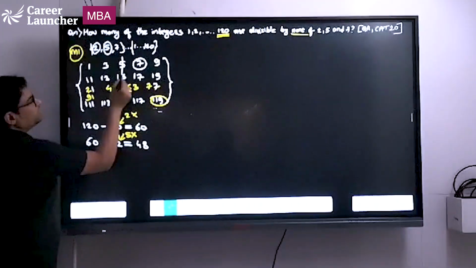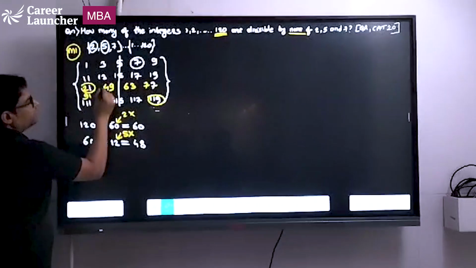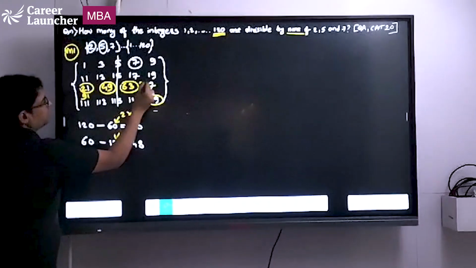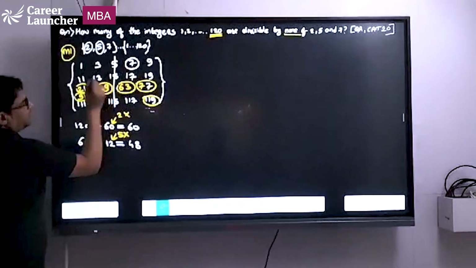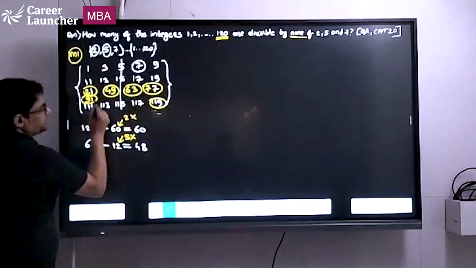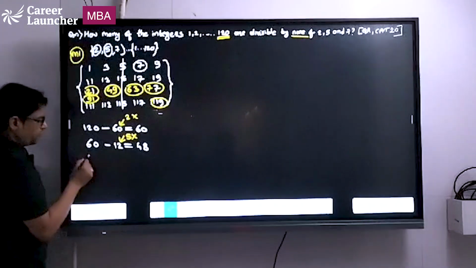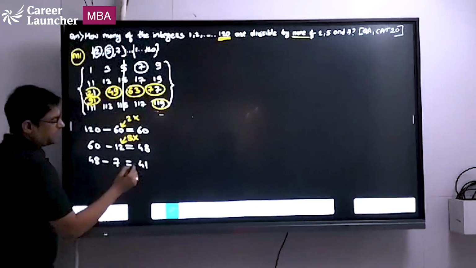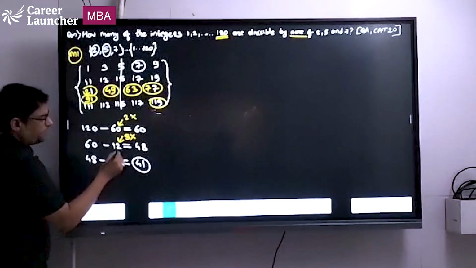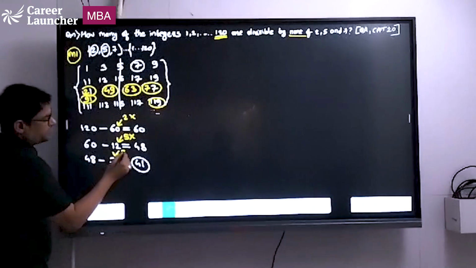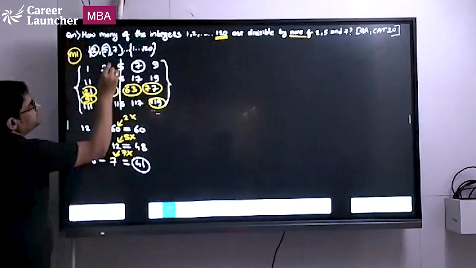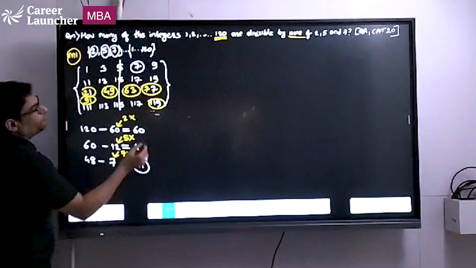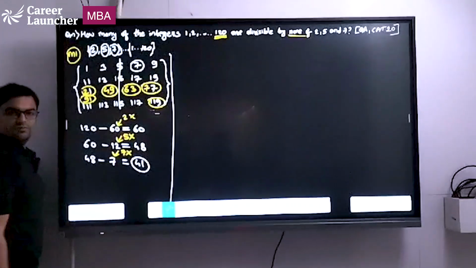So how many multiples of 7 are to be removed? 1, 2, 3, 4, 5, 6, 7. So 48 minus 7, my answer would be 41. When I remove all the multiples of 2, 5 and 7, I would be left with 41 numbers.